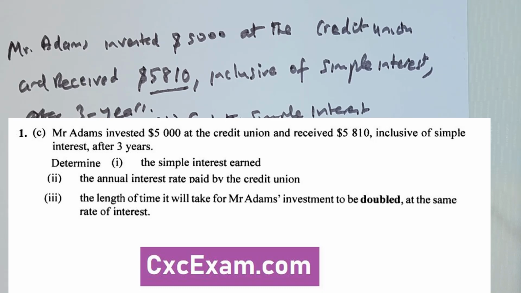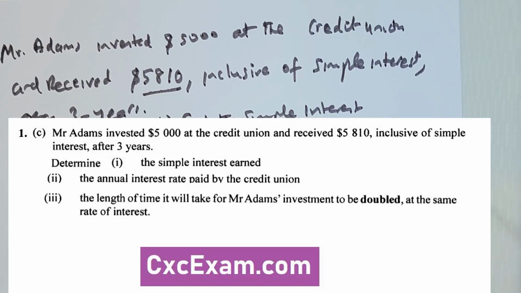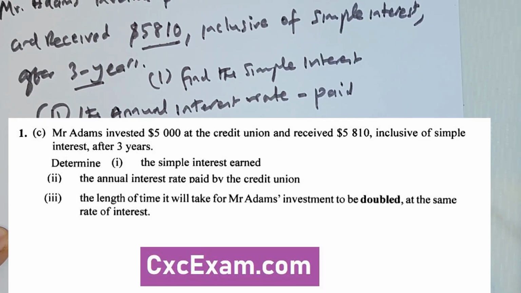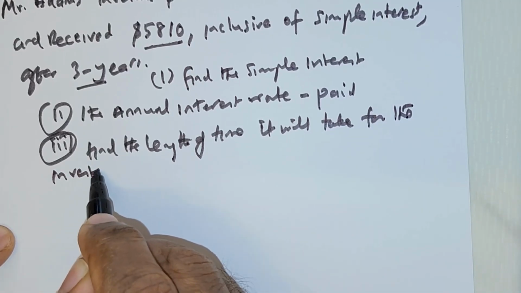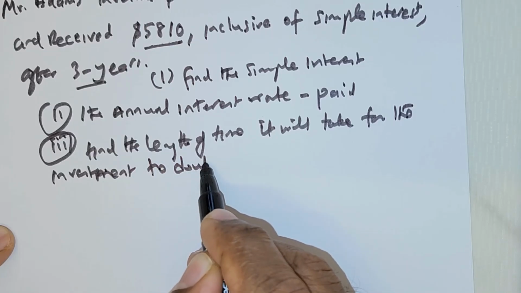The third one is we have to find the length of time it will take for the investment to double.